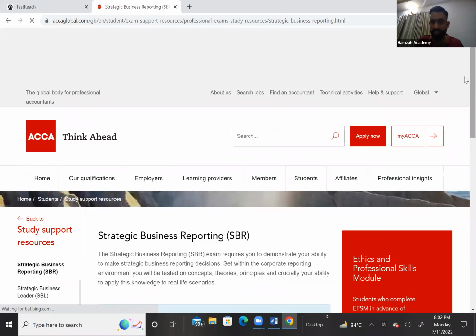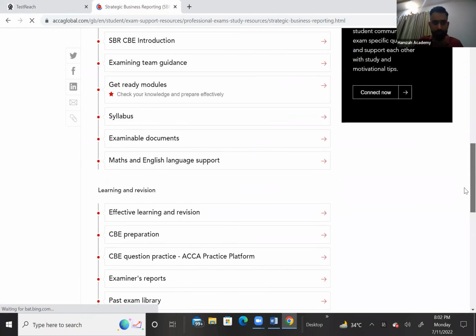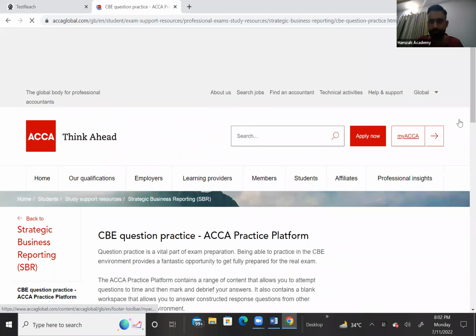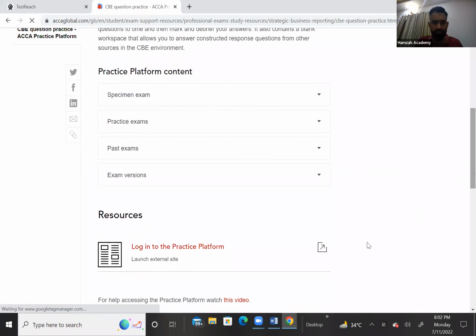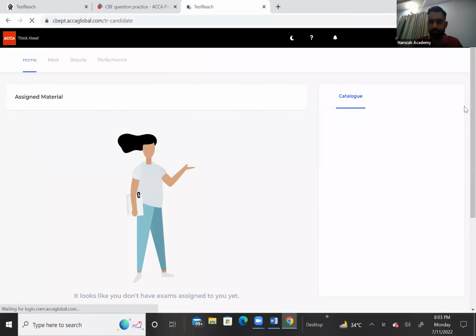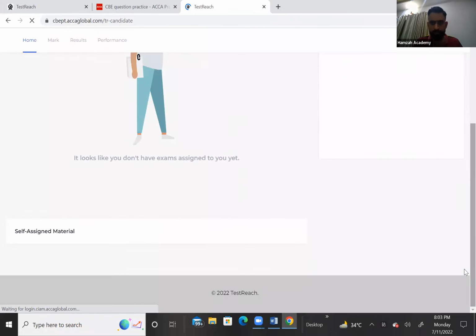So we have SBR, Strategic Business Reporting, and we are going to access the practice platform. So log into the practice platform.